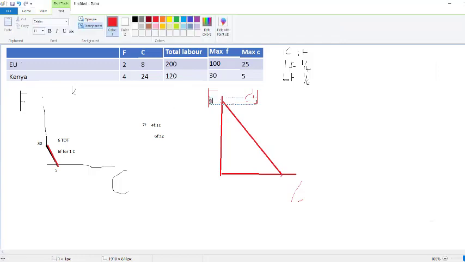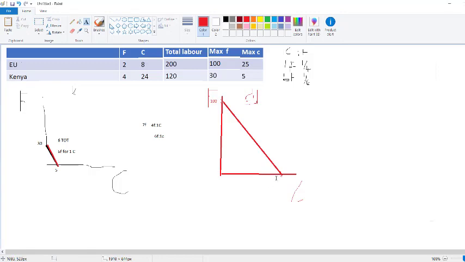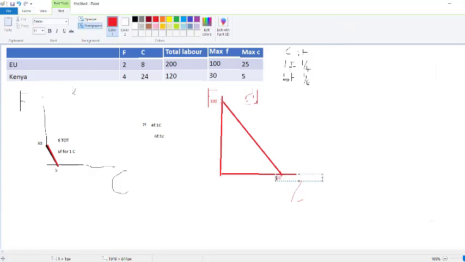Value here is 100, value here is 25. So effectively, in terms of production, or your opportunity cost here, or your terms of trade here, would be 100 divided by 25, which is equal to 4. So it's 4 food per 1 carbon.